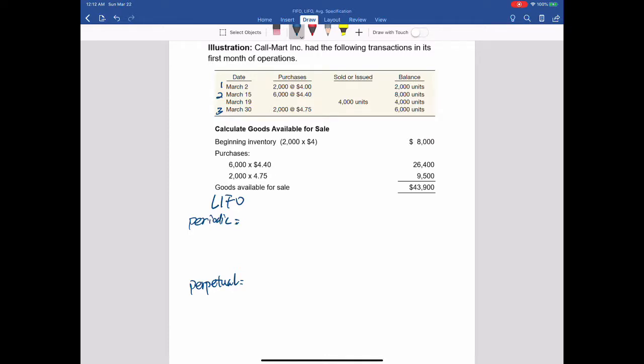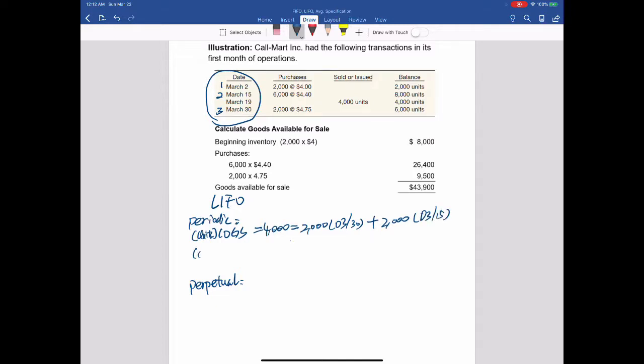Periodic system, we will consider all the purchase. And last in, first out. So cost of goods sold, number of units, 4,000. Last in, first out. So last in is March 30th. Is 2,000 units. Is March 30th. And another 2,000 units are March 15th.